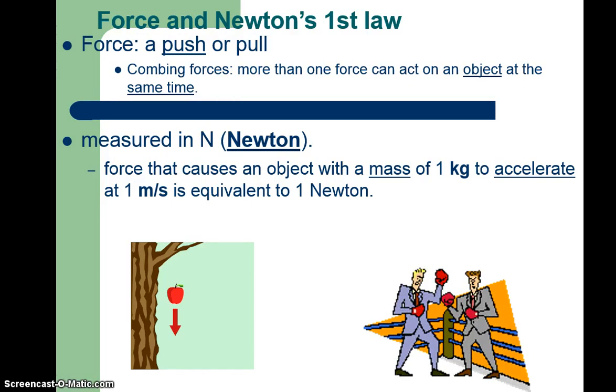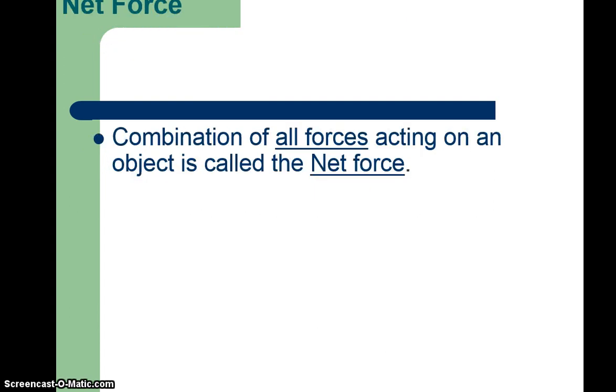Now, the definition of a newton is a force that causes an object with a mass of 1 kilogram to accelerate at 1 meter per second. Net force is referring to the combination of all forces acting on an object.